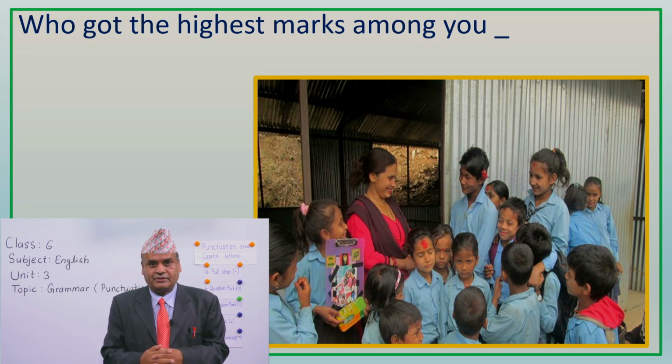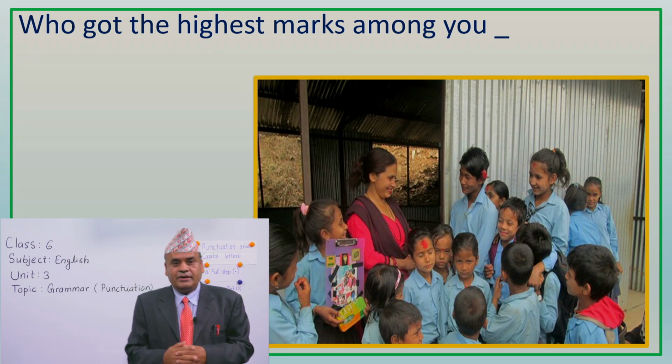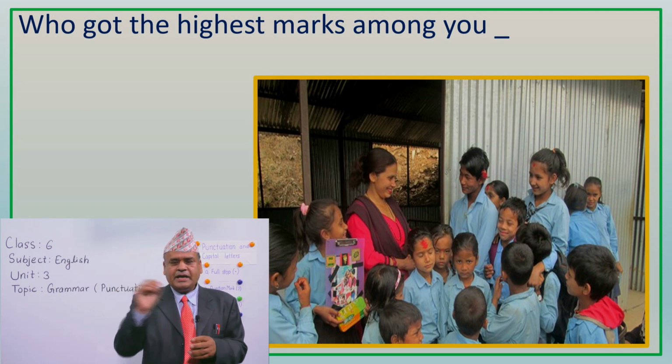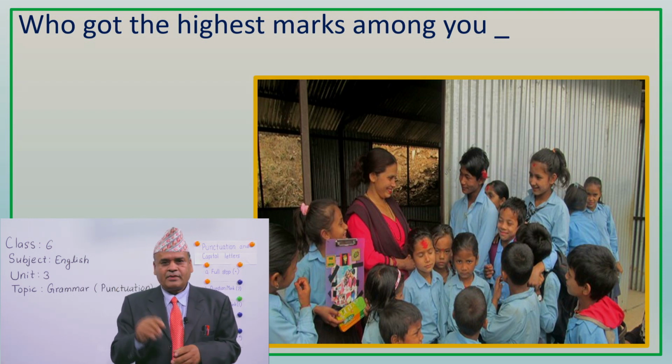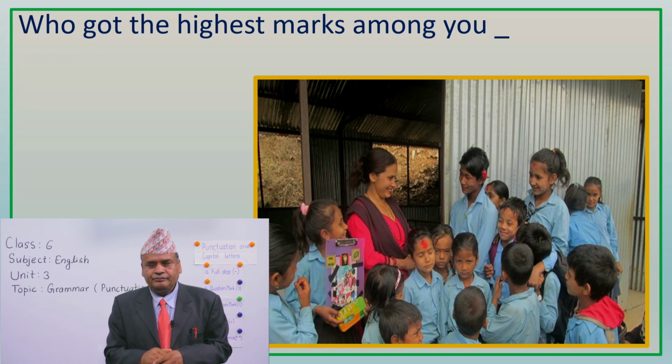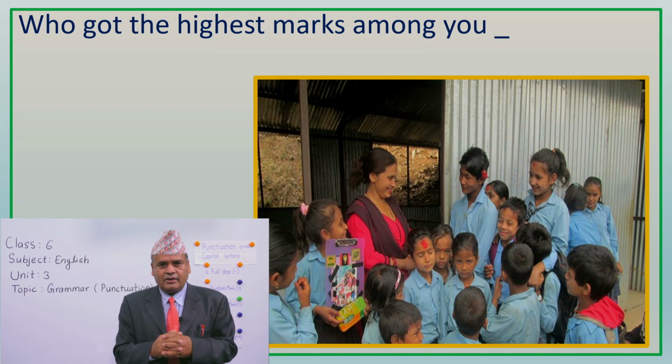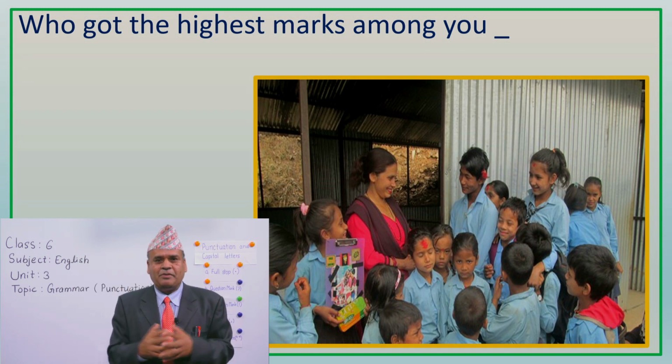Here is a sentence. So at the end of the sentence, do you see something there? Is the sentence complete? Or you have to add something to make it complete?